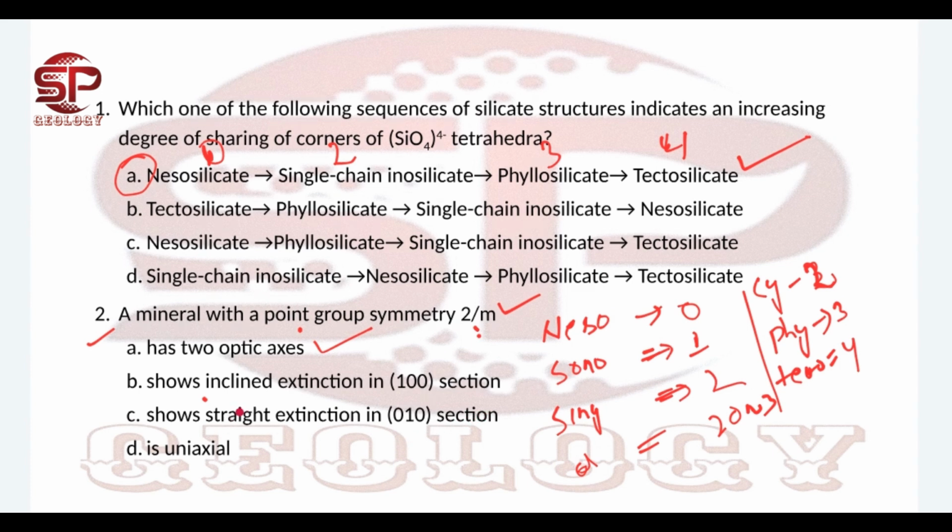Just remember, it shows straight extinction in one section and inclined extinction in the other section. So both will be incorrect because in one section it shows straight extinction, in the other section it shows inclined extinction. And uniaxial, it will be incorrect because in the monoclinic system it is biaxial.